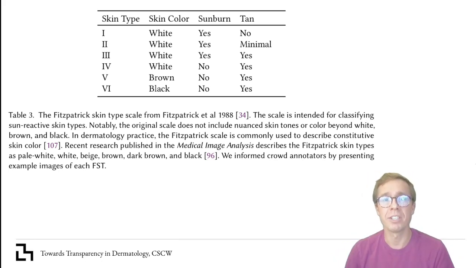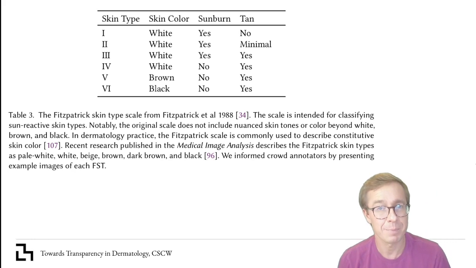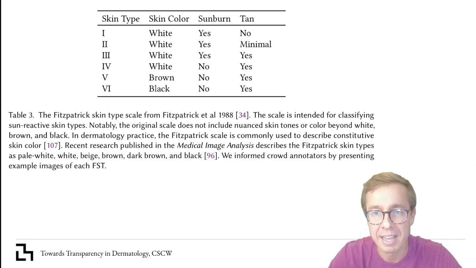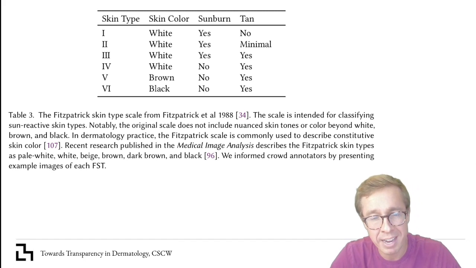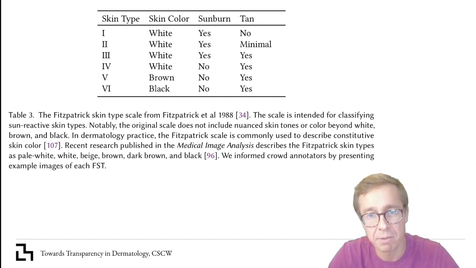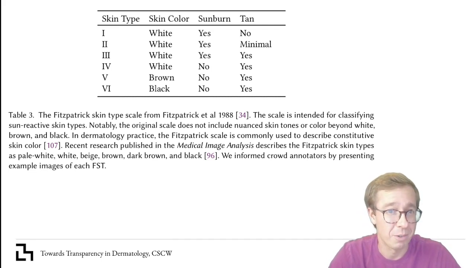And what I want to do is note that the original scale does not include nuanced skin tones or color beyond white, brown, and black. And although Fitzpatrick's skin type scale is highly correlated with an individual's melanin index, which can be measured by narrowband spectrophotometric devices, the scale is a subjective measure, ultimately.